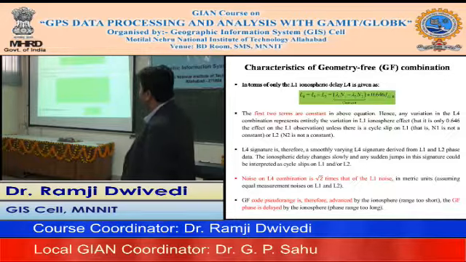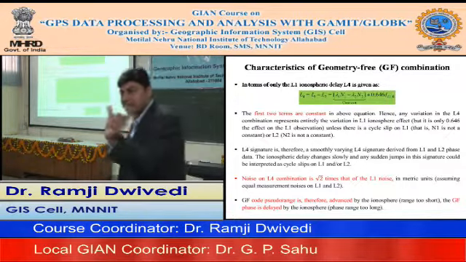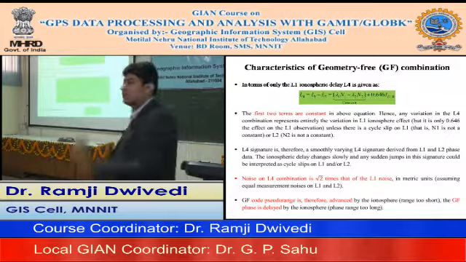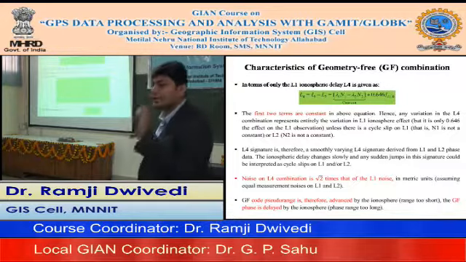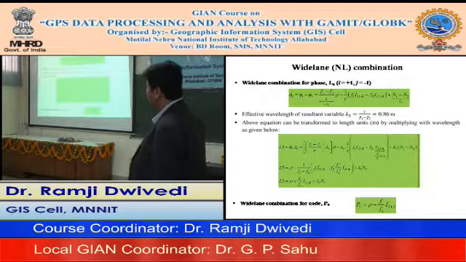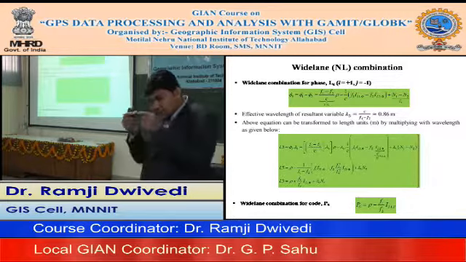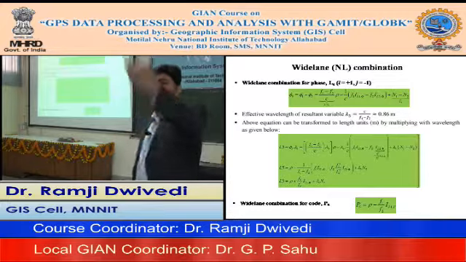Okay, so the wide lane combination. If you see the GAMIT processing solution summary, you could see the wide lane ambiguity resolved percentage and the narrow lane ambiguity resolved percentage. So that is another combination, which maintains the integer nature of the ambiguity. With this you have phi1 minus phi2, and you arrive at an L5 solution, and because of the difference between the two, the frequency gets shorter and the wavelength increases.